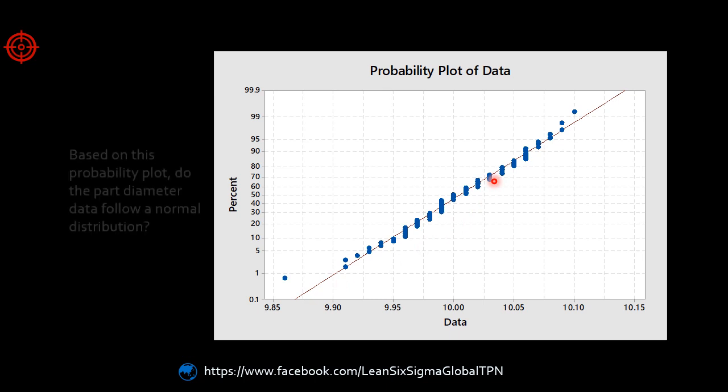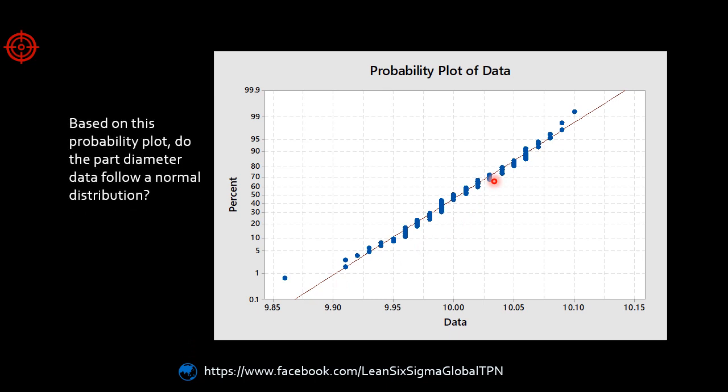So based on this probability plot, do the part diameter data follow a normal distribution? You can see here the part diameter values follow the fitted line. So it suggests the normal distribution is an adequate model for this data.